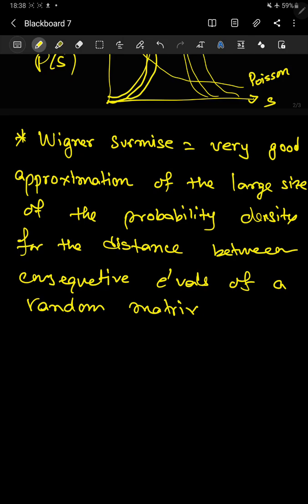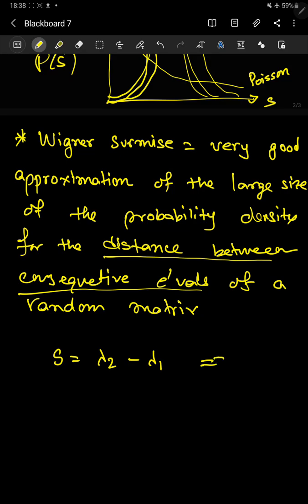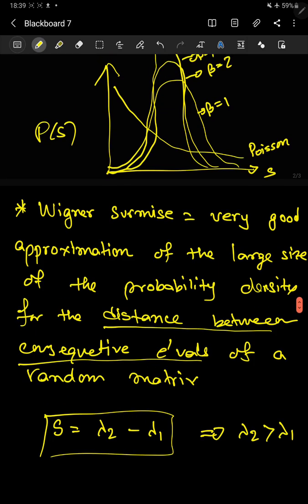And what they mean by distance between consecutive eigenvalues is that, let's say you have a distance like this, where lambda 2 is greater than lambda 1, this spacing is described very well by the Wigner surmise.